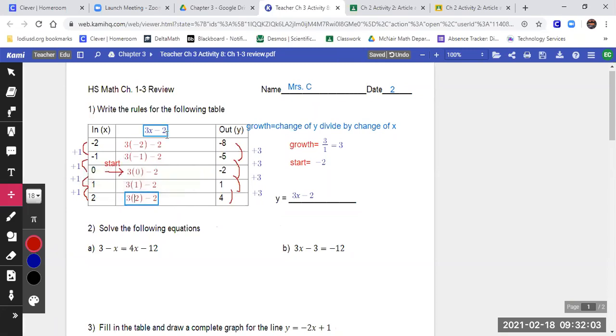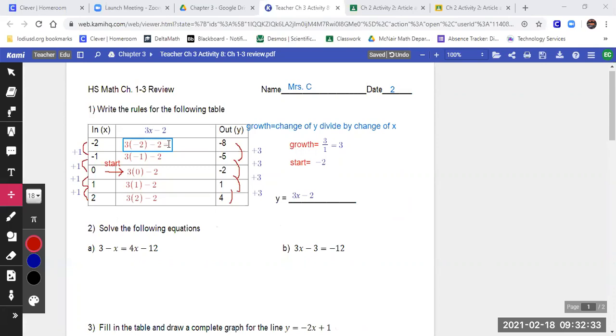Okay. So we're doing our first one. All I did was copy and paste it over. What is 3 times -2? -6.